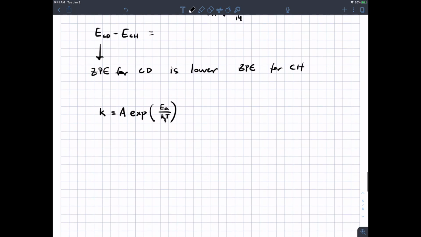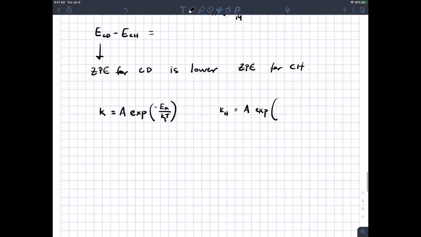All right, so the rate constant for hydrogen should be equal to some pre-exponential factor times e to the minus, because the larger the energy, the slower the reaction rate is, the activation energy for a CH bond divided by Boltzmann's constant times temperature.